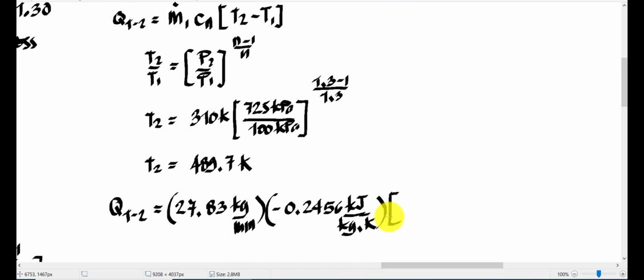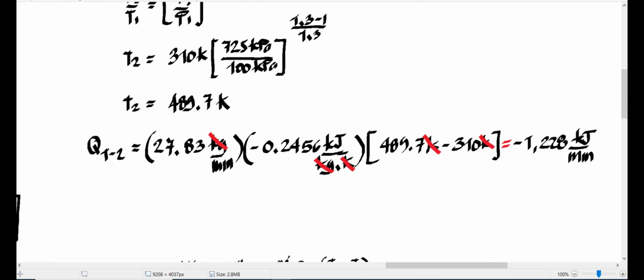Then multiply by the difference of 489.7 Kelvin minus 310 Kelvin. Okay, so cancel out our units here. Kilogram will be cancelled out, Kelvin cancelled out.